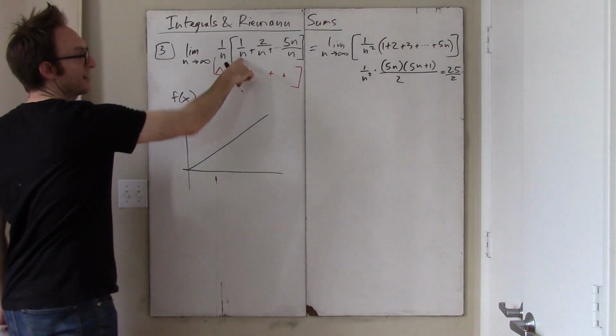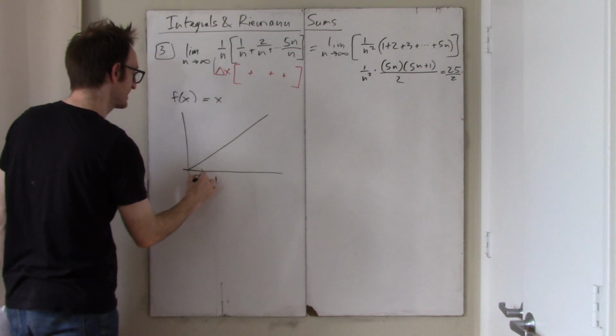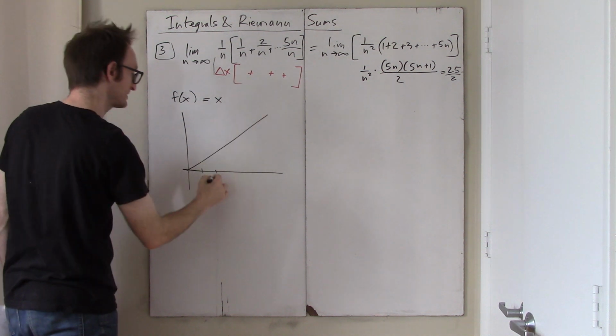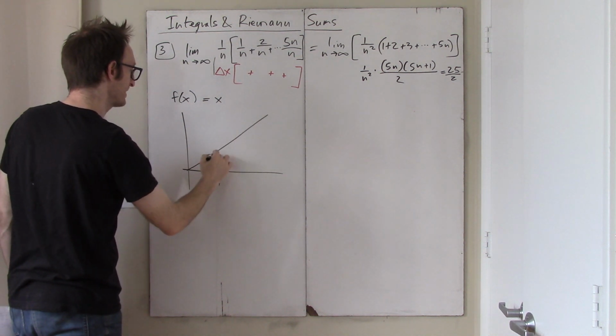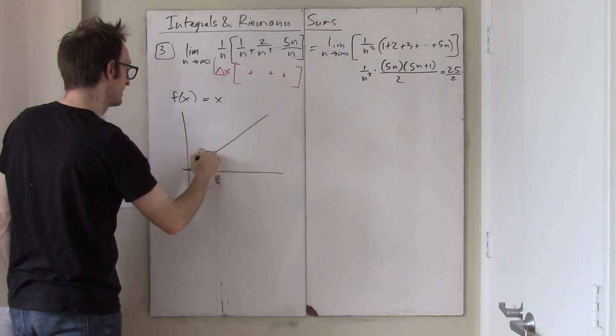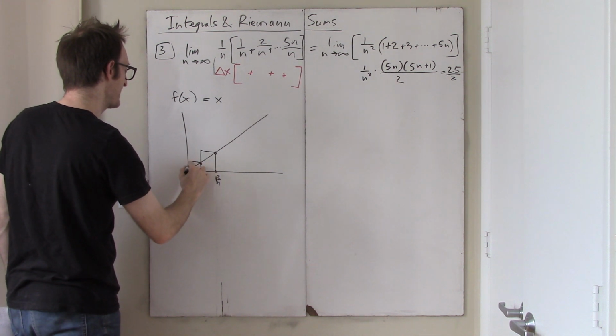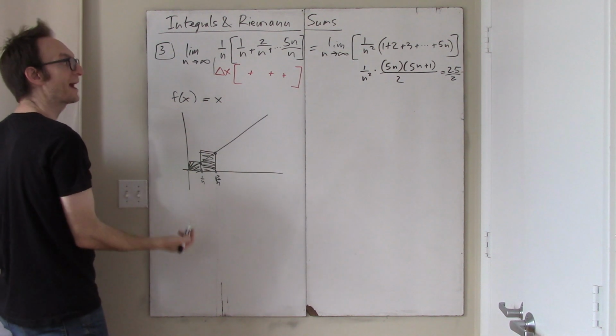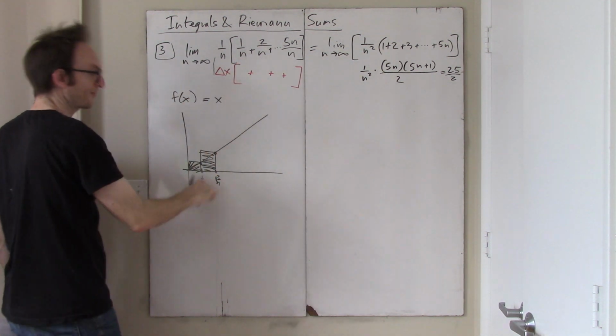If this is just the x function, then what's going on? Well, the first number I'm plugging into this x function is 1 over n. The second number I'm plugging into this function is 2 over n. And of course, what's coming back is a rectangle, and the height of that rectangle is 2 over n. So if I plug in 1 over n, I get 1 over n back.